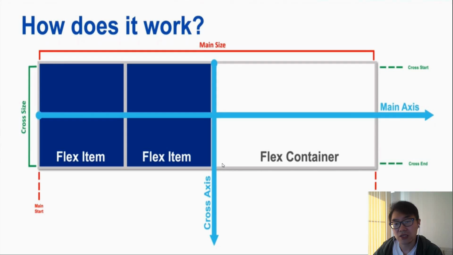It also has a cross size, which in this example happens to be the height of the container. Also, the cross start happens to be the top of the container, and the cross end happens to be the very bottom of the container. Now, I know there's a lot to take in, but terminology is very important in Flexbox.